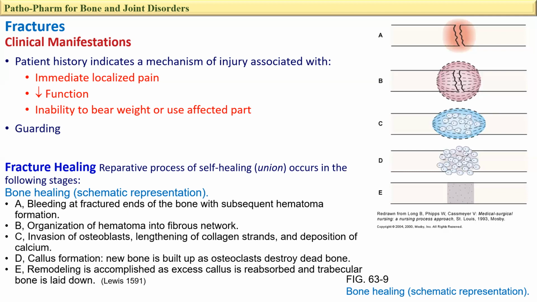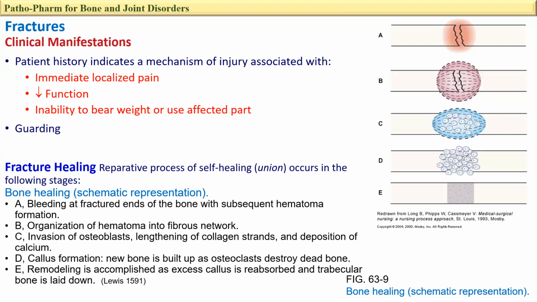The healing process involves 5 different stages. It starts with bleeding at the fracture end of the bone, and then hematoma, and then the hematoma will organize into a fibrous network, and then that will result in osteoclast invasion, invading the bone, and the lengthening of the collagen strands.